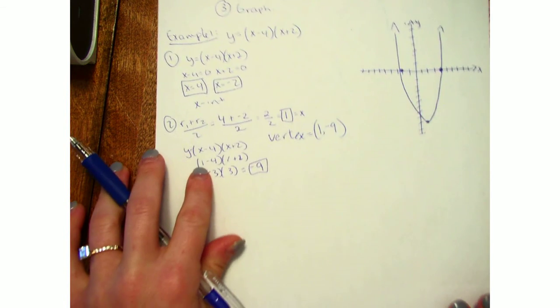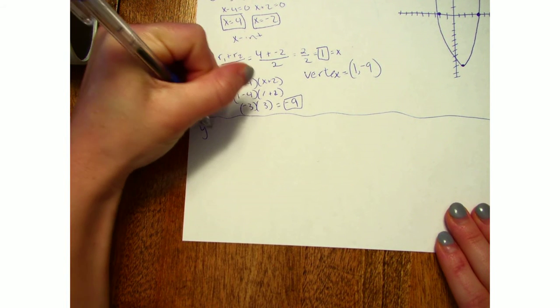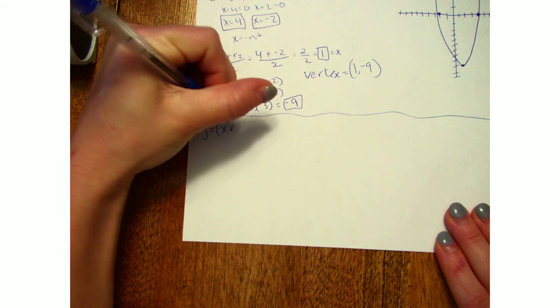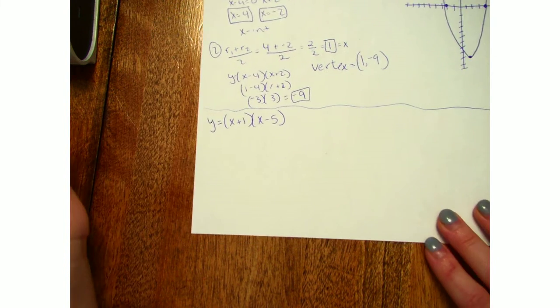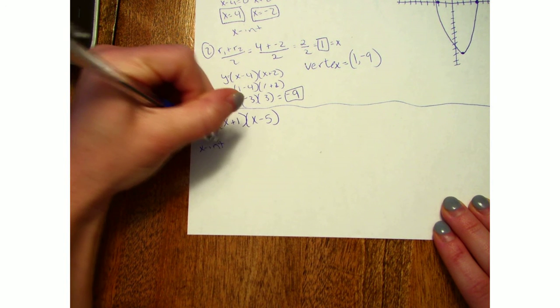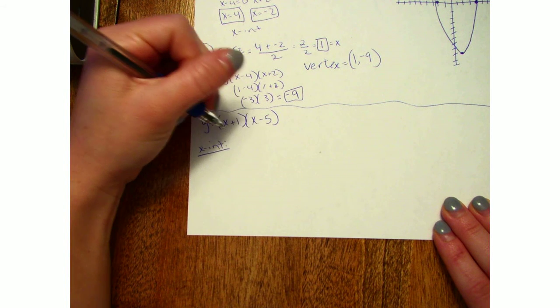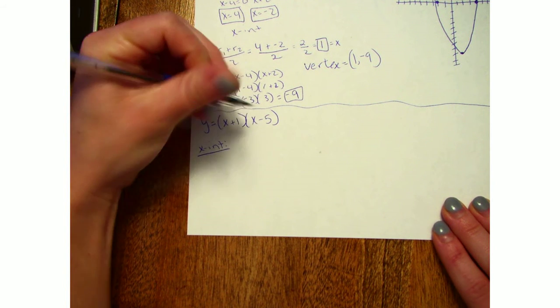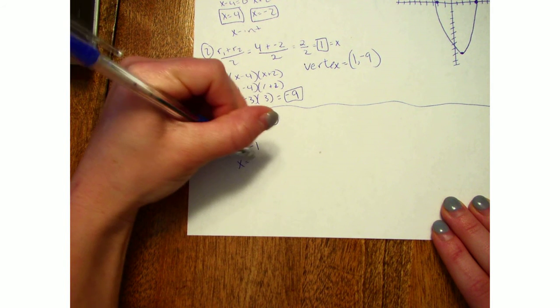All right, let's try one more, and that is it for the day. So let's try y equals x plus 1 times x minus 5. So first step, find your x-intercepts. Remember our trick yesterday, no coefficient in front of x: x equals -1, x equals +5.